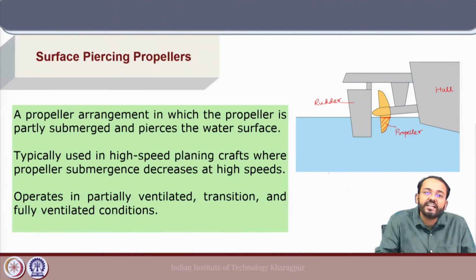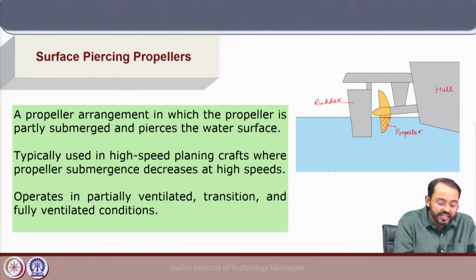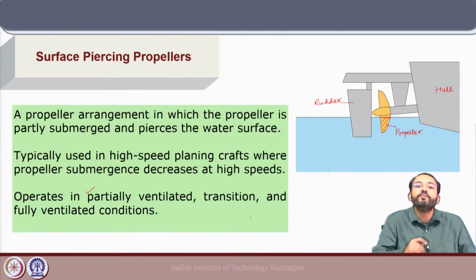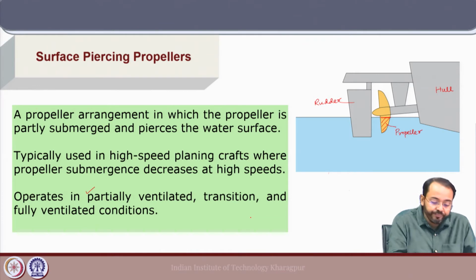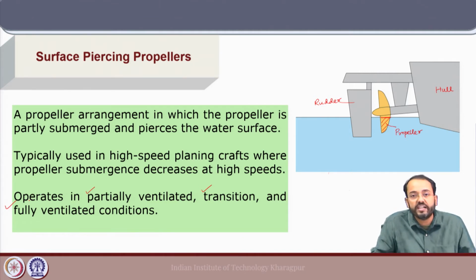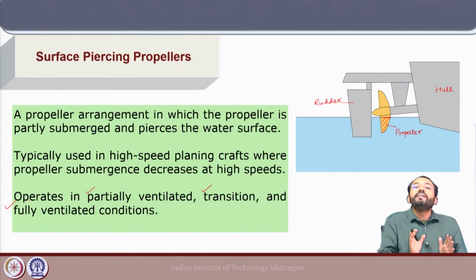And because of that, ventilation will occur for surface piercing propellers, and hence they operate in different conditions during one entire revolution. So, partially ventilated, transition and fully ventilated conditions will be encountered during the revolution of a surface piercing propeller. Now, ventilation means drawing of air by the propeller blade during its operation.